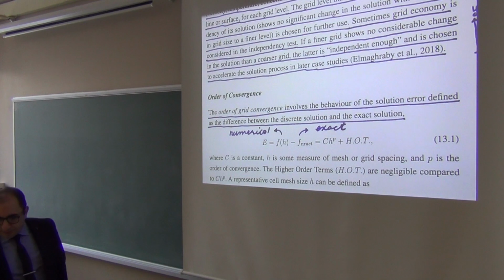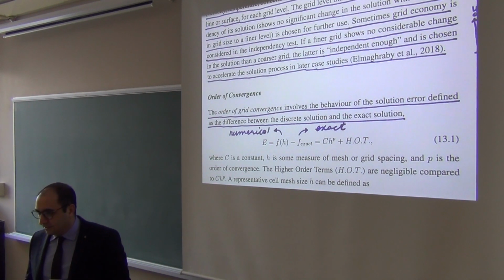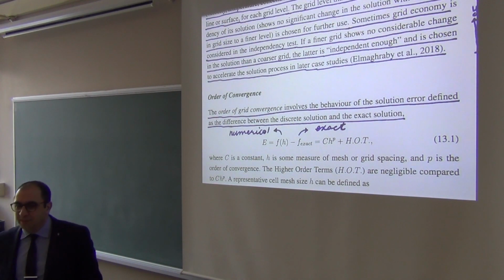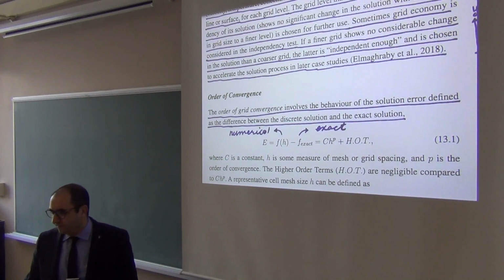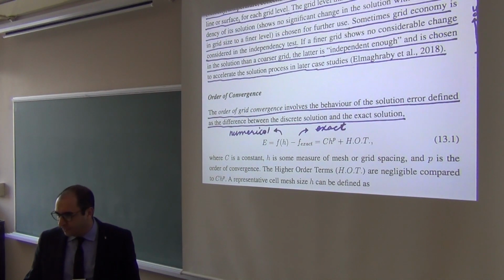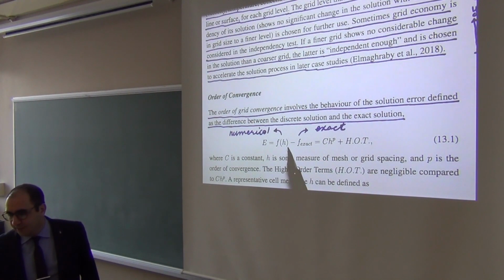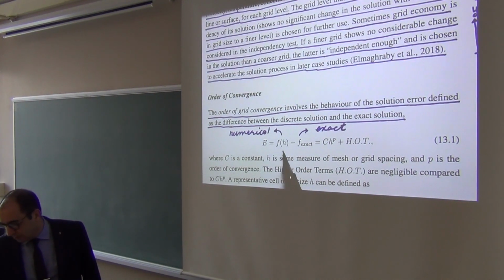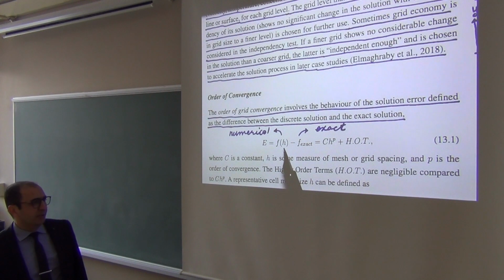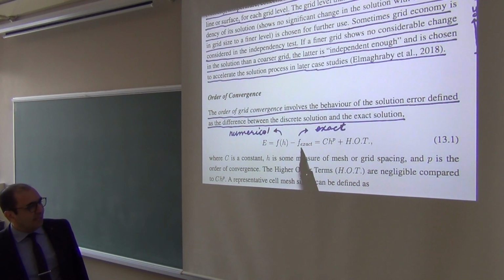For many simple problems, there is an exact answer, right? Suppose x is equal to vt. For a simple modeling system, sometimes there is an exact answer. But the numerical answer depends on the grid or space discretization. We are going to treat this as if an exact answer is always available. Okay?